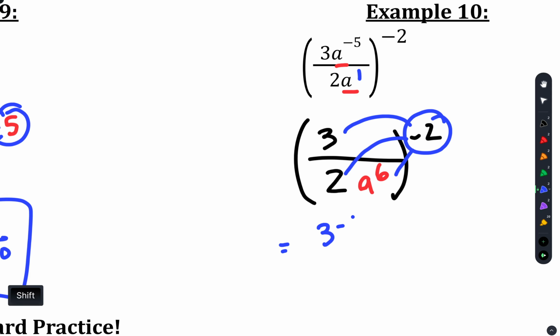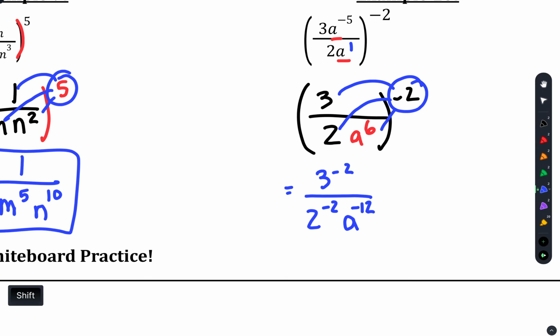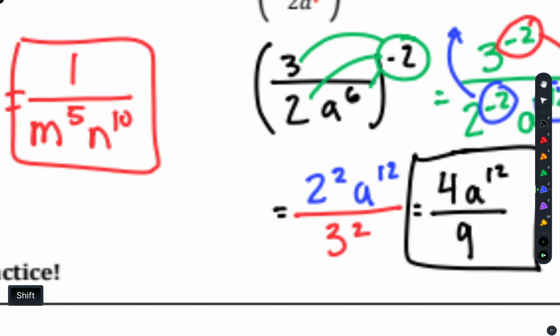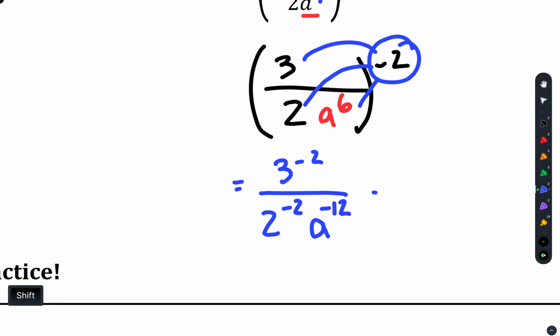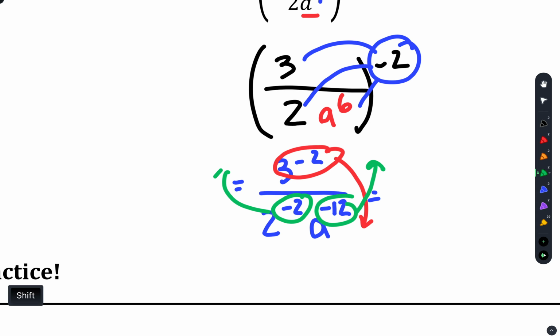3 to the negative 2nd, 2 to the negative 2nd, A to the negative 12th. I'm going to run out of room here. 3 to the negative second is going to go down to the bottom because that's a negative. These negatives are both going to go up to the top.